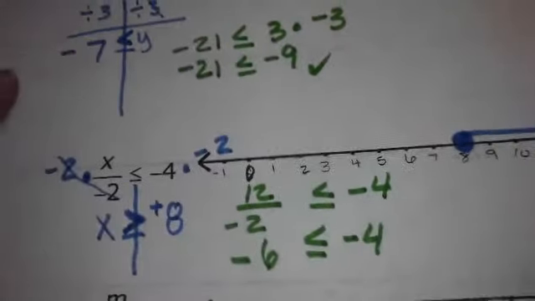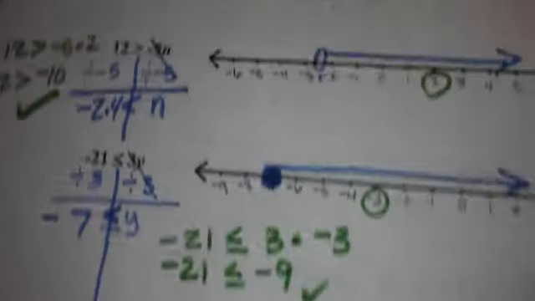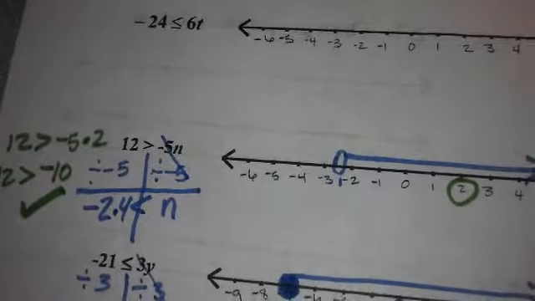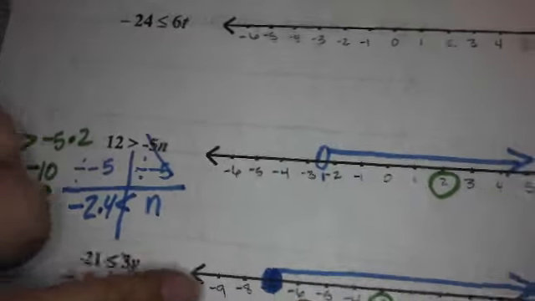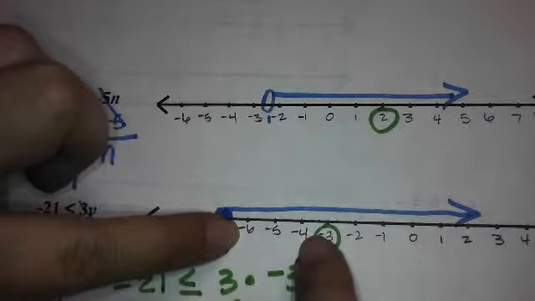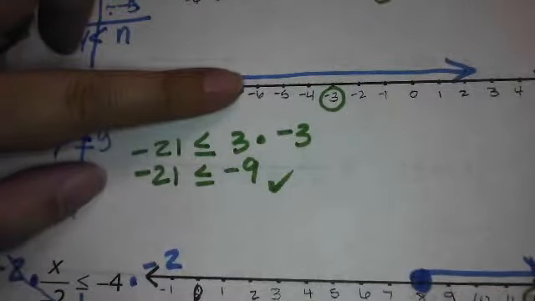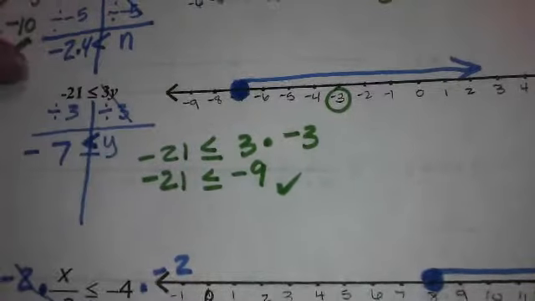If you look at the number line, negative 6 and negative 4: negative 6 is less than negative 4, since negative 4 is to the right of negative 6. So I know that I did my work correctly.